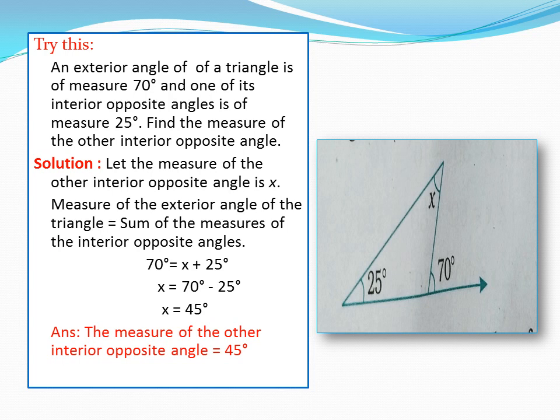That is the answer we got. I hope children you understood how to find this. It is very simple. The exterior angle is given, that exterior angle minus directly one of the interior opposite angle, that way we can find out the other interior opposite angle. I hope all of you are clear on this.